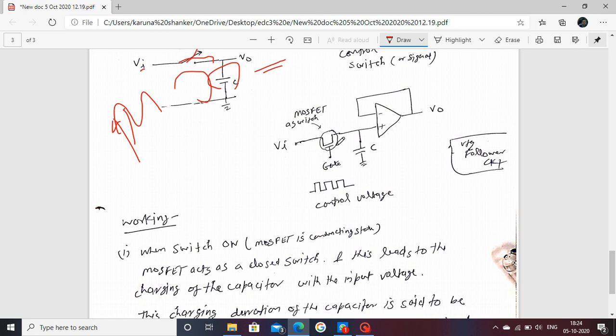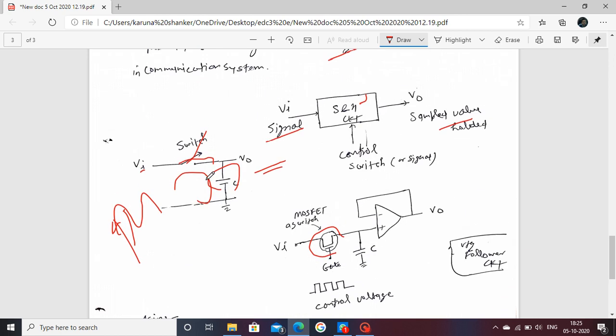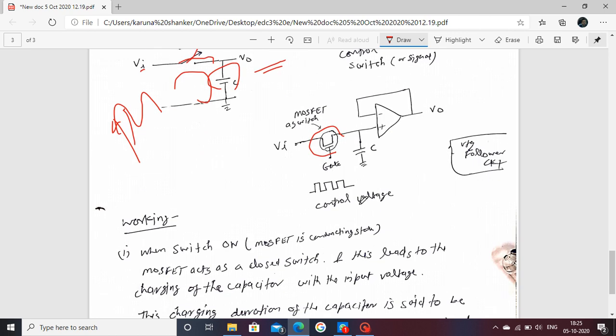Here, a MOSFET acts as a switch, and these are the circuit with the op amp. This is the capacitor, and this is the op amp. The input is applied according to the control signal or control voltage. When the control voltage is positive, the MOSFET is on, and when negative, it is off, so again positive on, then off.